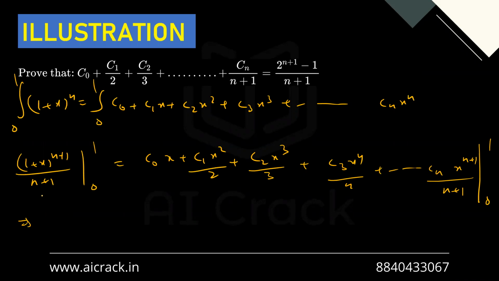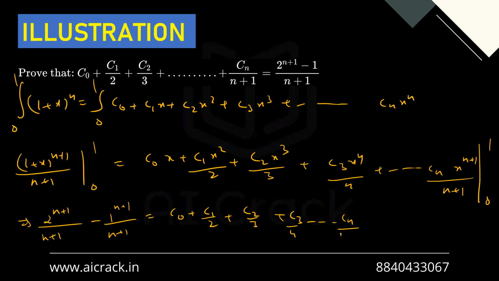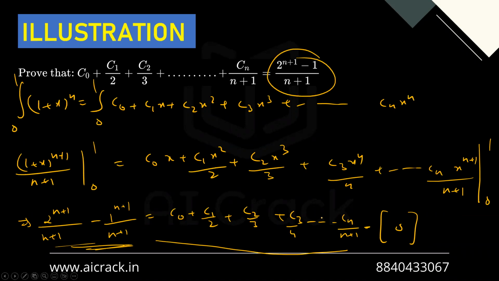If I plug the limits over here, I'll be getting 2 raised power n plus 1 divided by n plus 1 minus, I'll plug the 0 value over here, I'll be getting 1 raised power n plus 1 divided by n plus 1. This equals, if I put the value of 1 over here, c0 plus c1 by 2 plus c2 by 3 plus c3 by 4 till cn by n plus 1 minus 0 only, because if I plug the value of 0, the entire series would become 0, right? And now you can clearly see that this is the required answer. This is what we have written over here, and this was the summation which was asked, right?